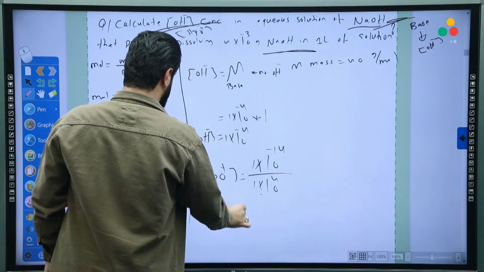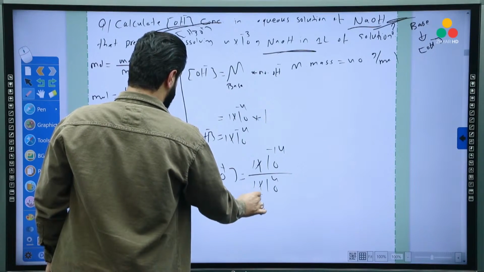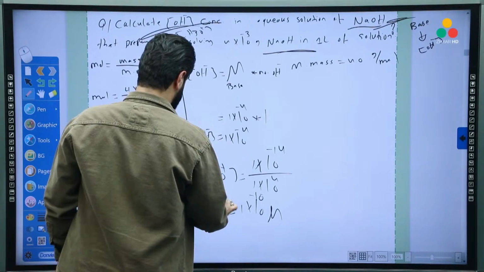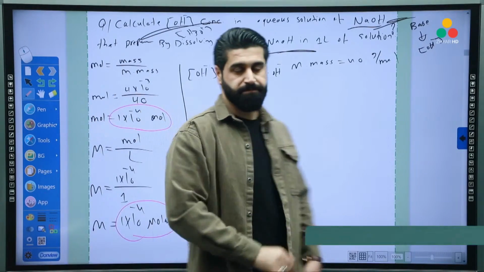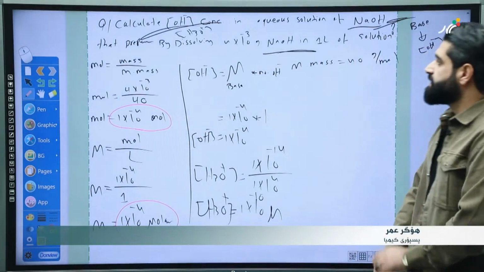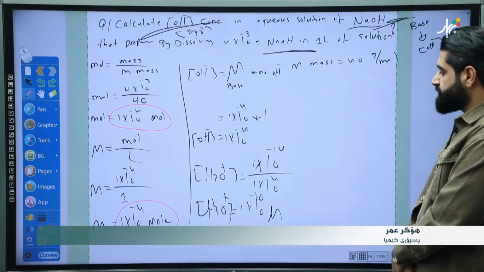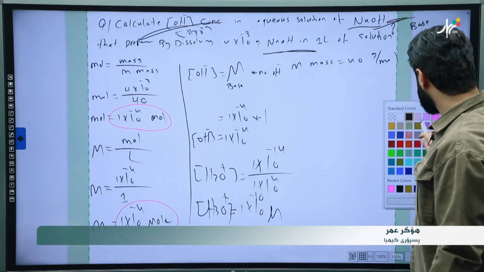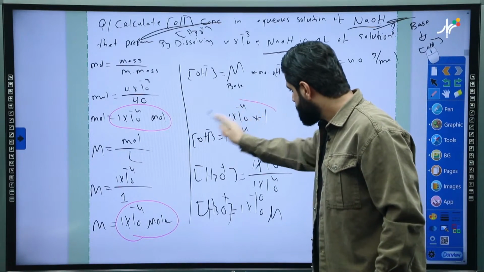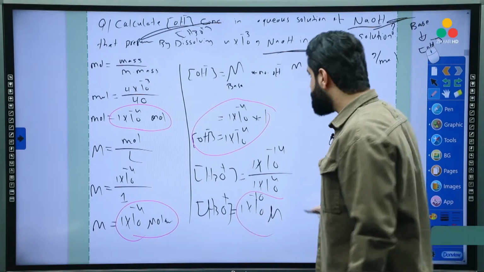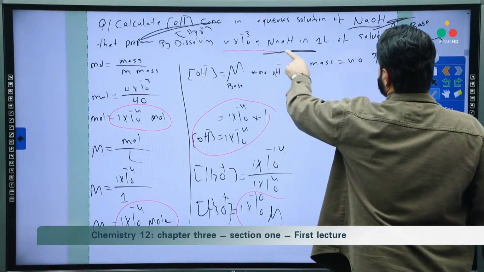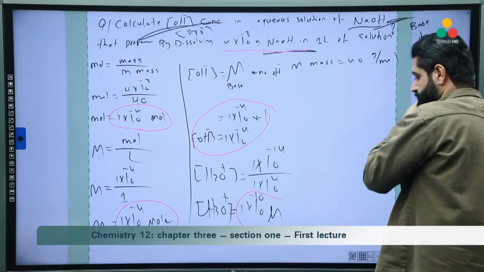So it will be 1 times 10 to the negative 10 molar of H3O. This is the concentration of hydronium and hydroxide in the aqueous solution of NaOH made by dissolving 4 times 10 to the negative 3 grams of NaOH in 1 liter of solution.